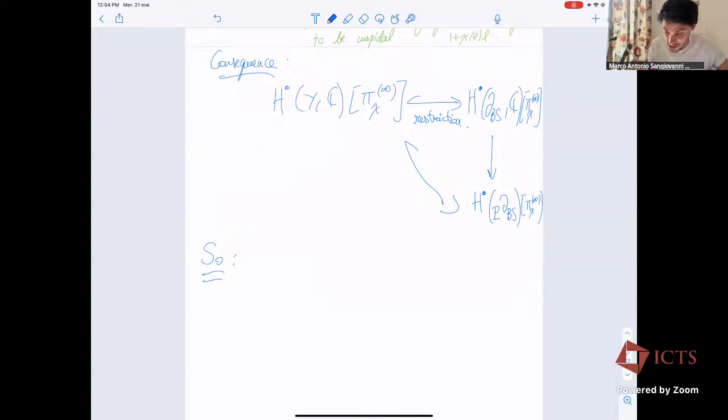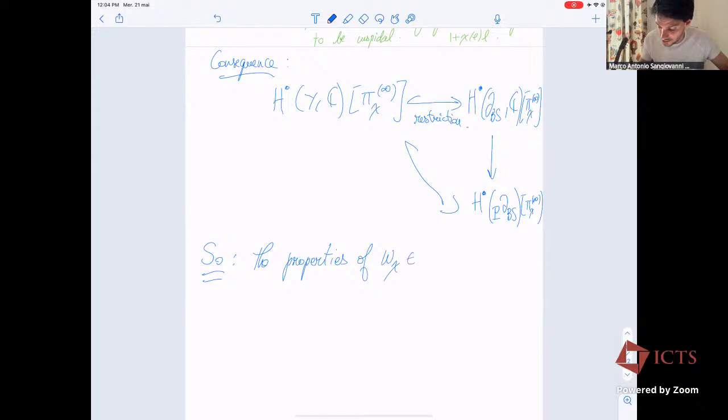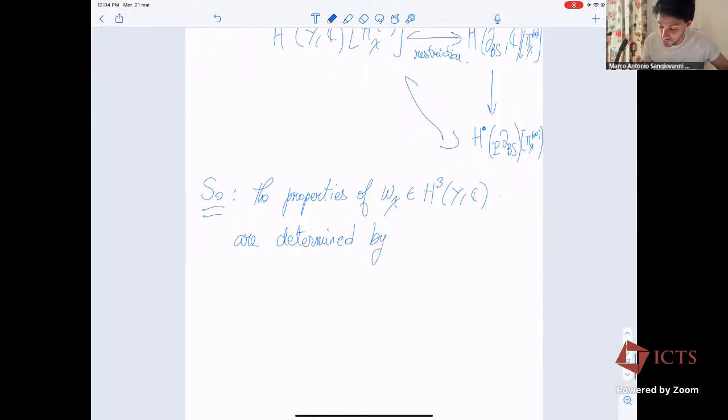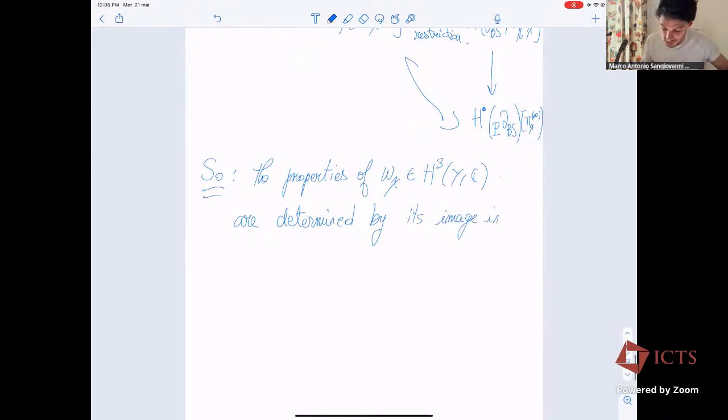So this says more: that the properties of omega chi, which lies in H3 of Y, are determined by its image in H3 of the Borel-Serre boundary.